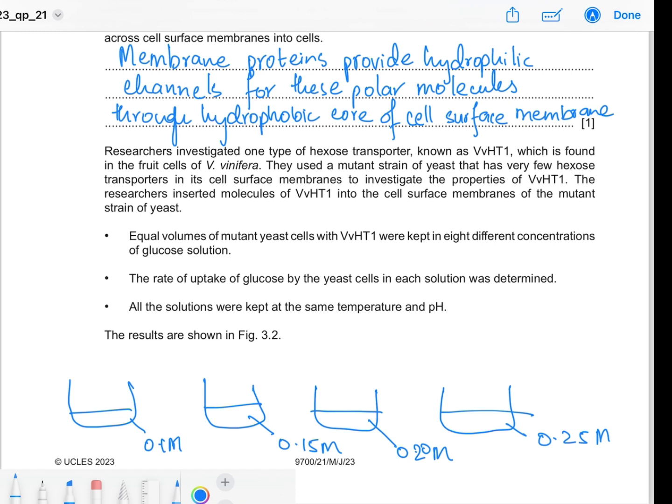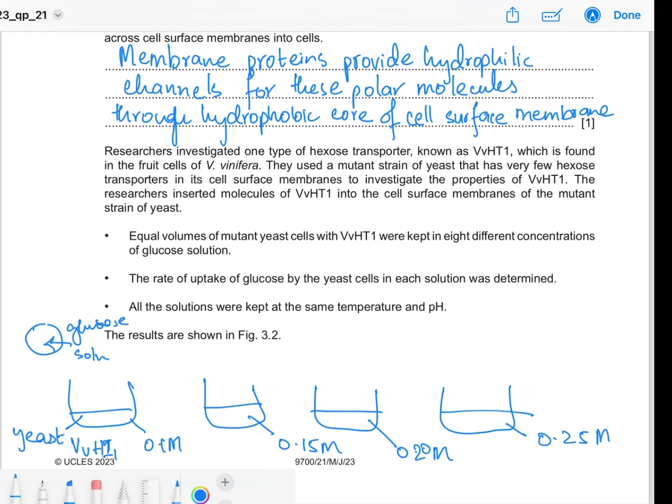Other than glucose, you also have yeast cells with VVHT1 transporters. And remember, these transporter proteins will allow uptake of glucose from the solution into the cell.